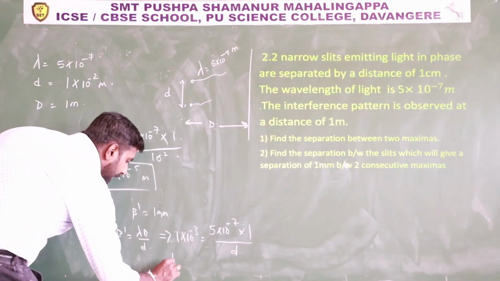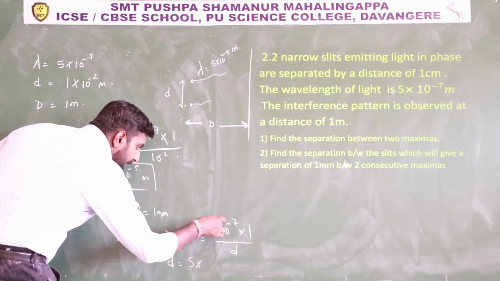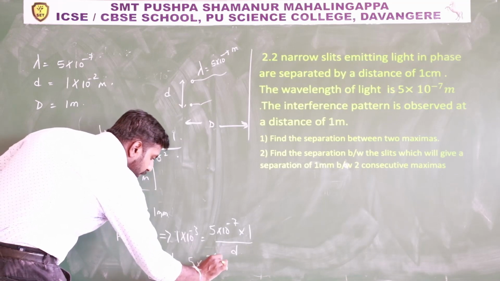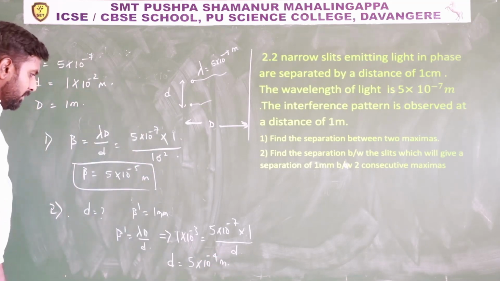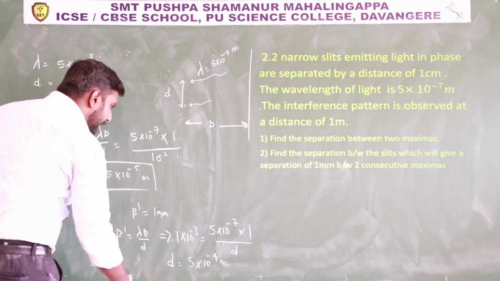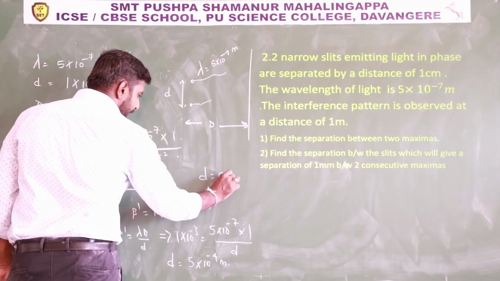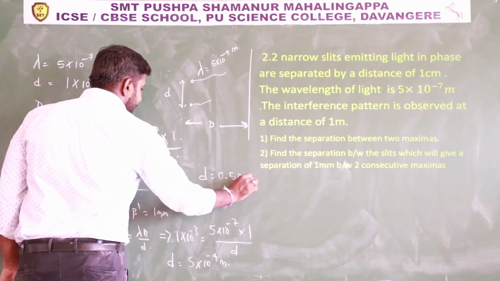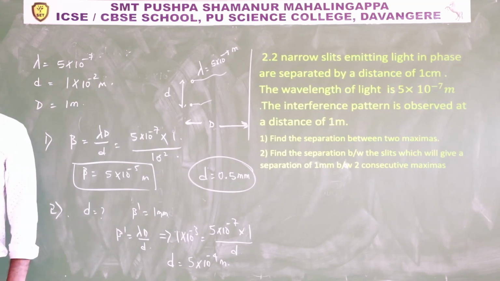Small d comes to 5 into 10 to the power minus 4 meter, or you can write it as 0.5 millimeter. This is the separation between two slits.